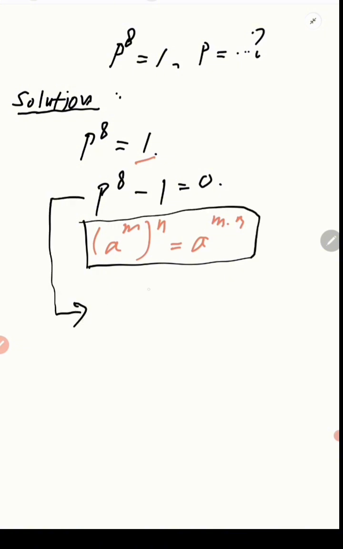Then it becomes, I arrange it, p to the power of 4 squared minus 1 squared.